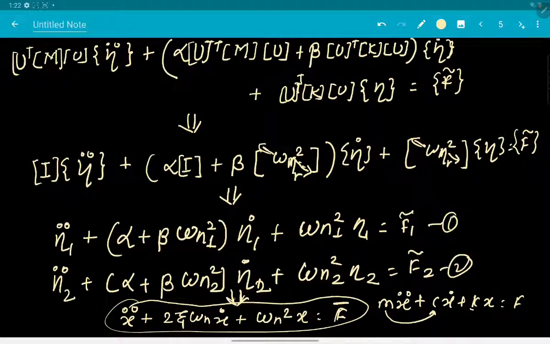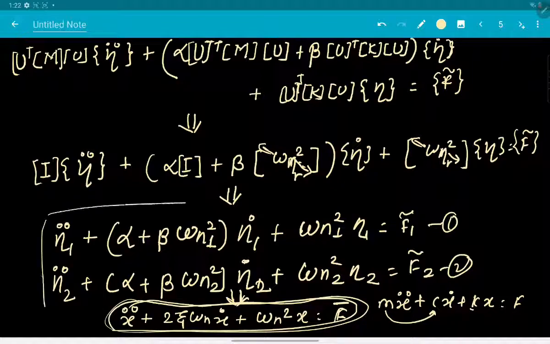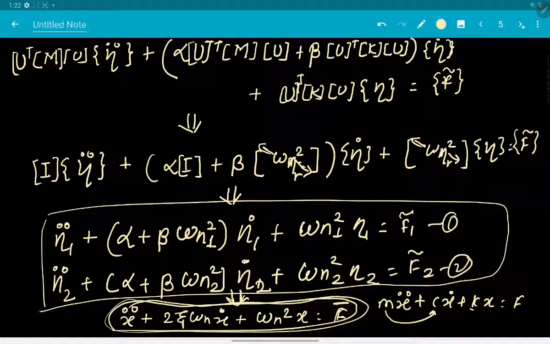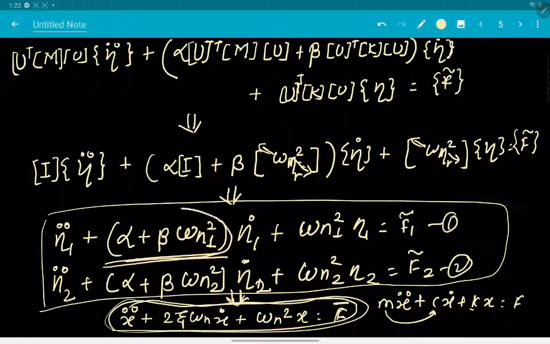So if you see the correspondence between the equation that we have studied before and the equations that we have just obtained, you will be able to see that this bracket, which is getting multiplied by eta r dot, the first derivative of eta, alpha plus beta omega n r square, is equal to this term, 2 xi omega n r.